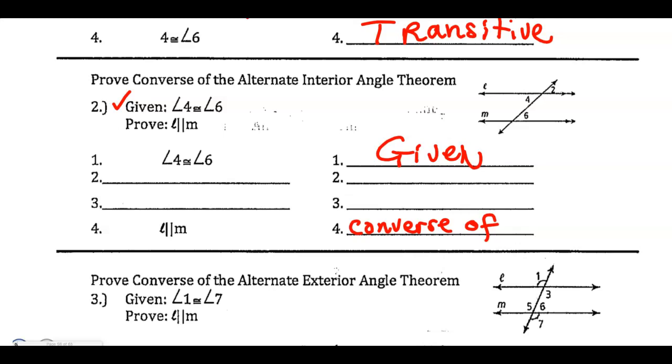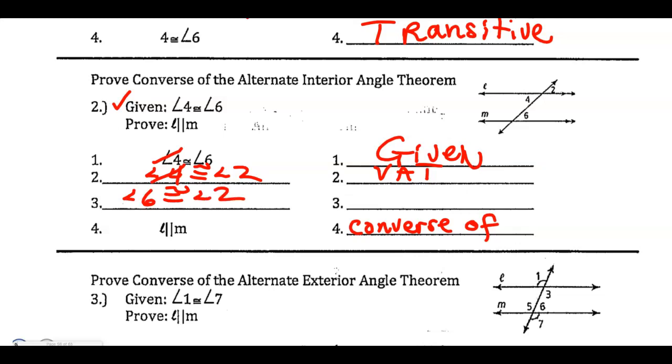So let's go up here and look at angles 4 and 6. Angle 4 is the same as angle 6, correct? Who else is angle 4 the same as? 2. What's our reason? Vertical angles. I think you've got these down, Isaiah, so somebody besides Isaiah, give me the next one. If 4 is the same as 6 and 4 is the same as 2, what allows me to say 6 is the same as 2?